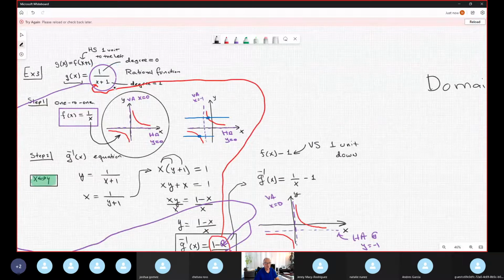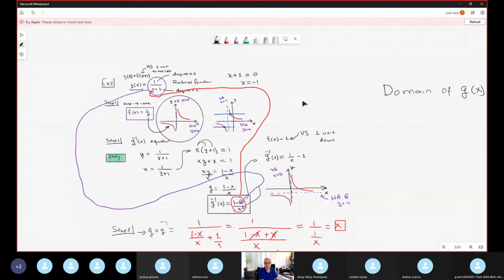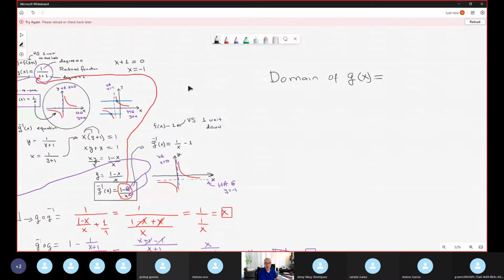Analysis of the rational function domain. You take the denominator polynomial and force it to be 0. Es -1. So my domain is all real numbers except -1. It's the only bad guy que makes the function undefined. Entonces, you write like that. Either way, guys, is x such that x is not -1.